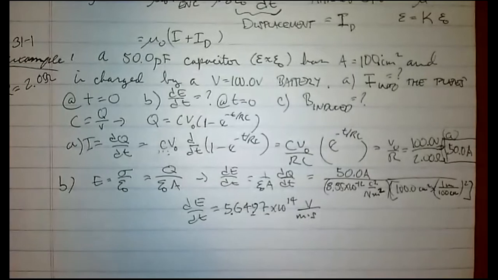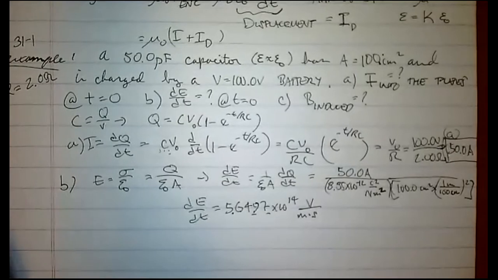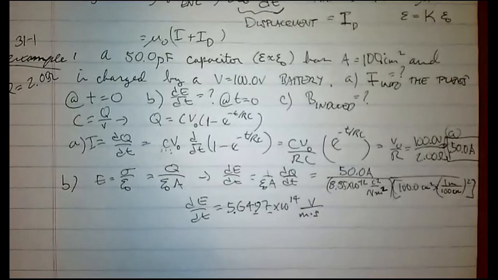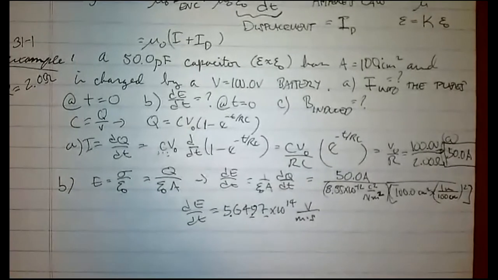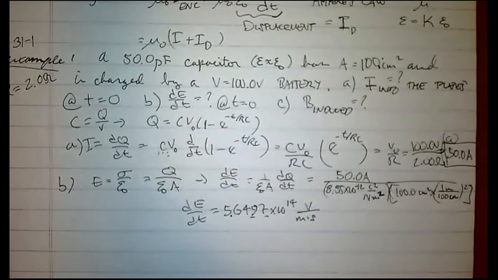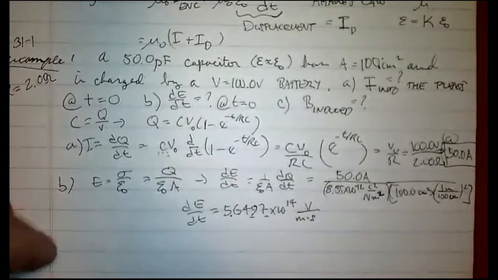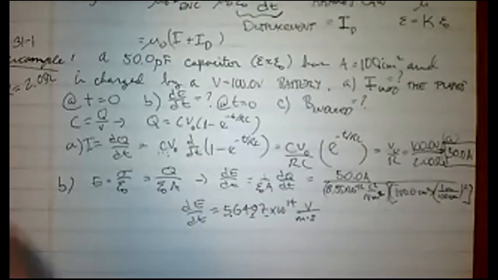Oh, I got 10 to the 17th this time. Is that what you got when you got a different exponent than me? Well, that's not helpful. Gosh, we're sucking. It is 8.85 times 10 to the negative 12th. Yeah, I remember that. Okay, got that right.